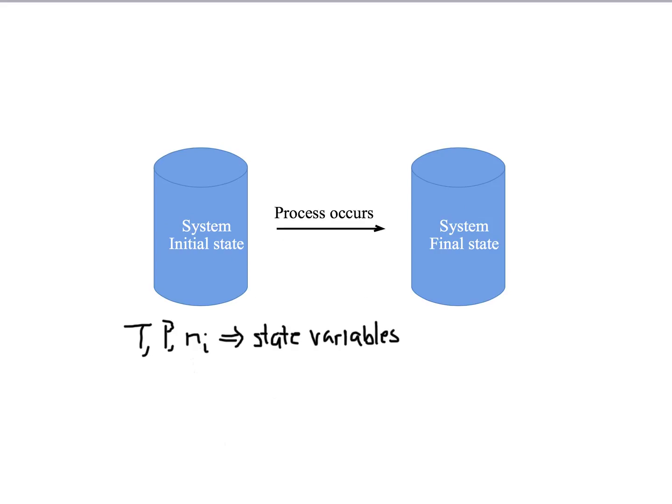There's one other state variable that you might be familiar with, and that is the volume of the system. Typically, I do not need to specify the volume because the volume is a function of the temperature, the pressure, and the number of moles through the equation of state for the system.